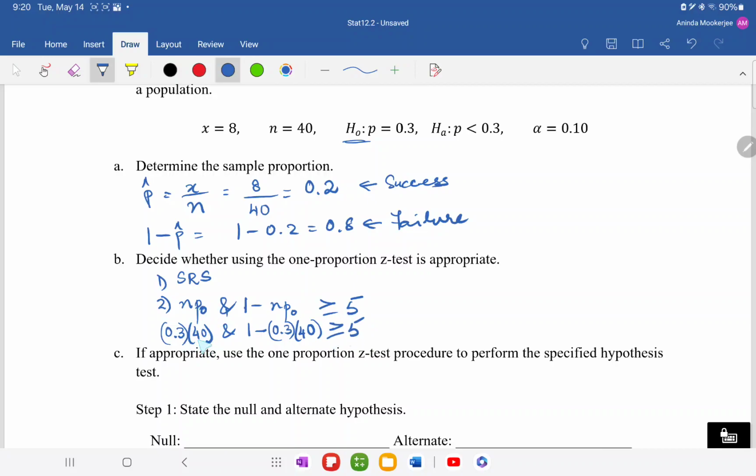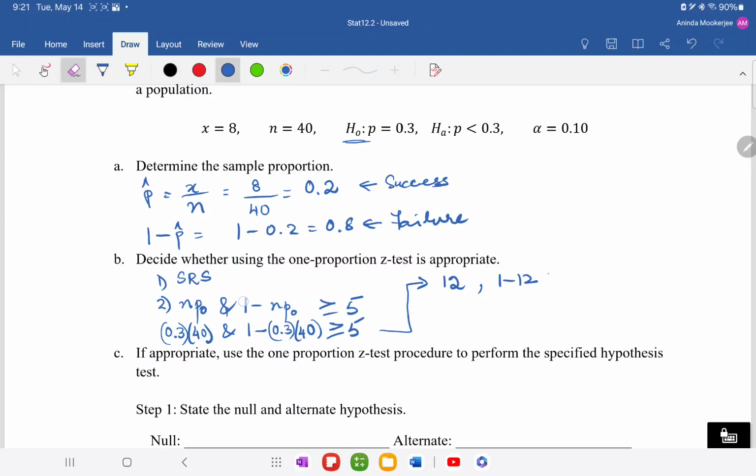So 40 times 0.3 comes to 12. So 12 is greater than 5. And 1 minus 12, right? 0.3 times 40, 12. So 1 minus 12 is also, sorry, not 1 minus 12. It should be 1 minus n. I made a mistake here.